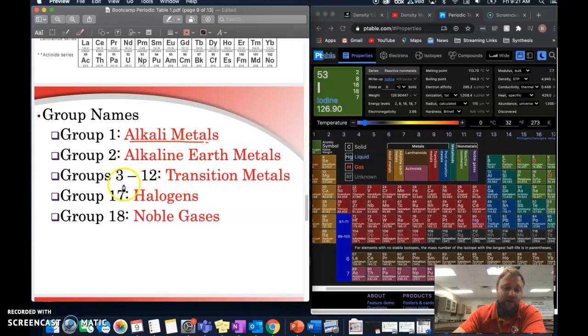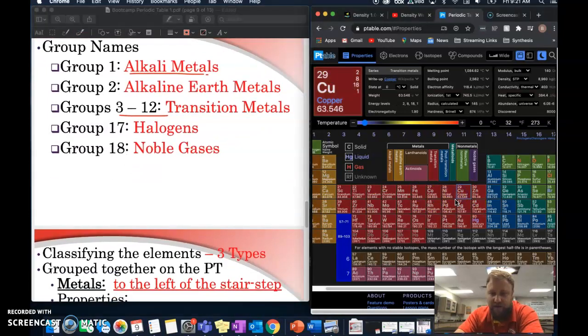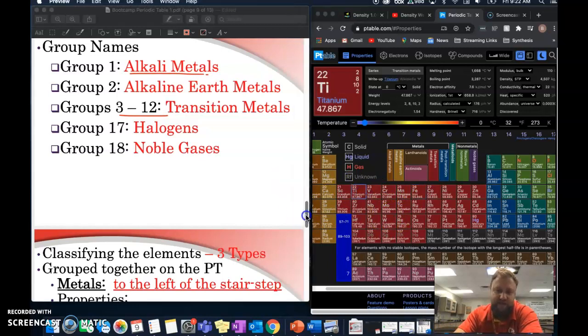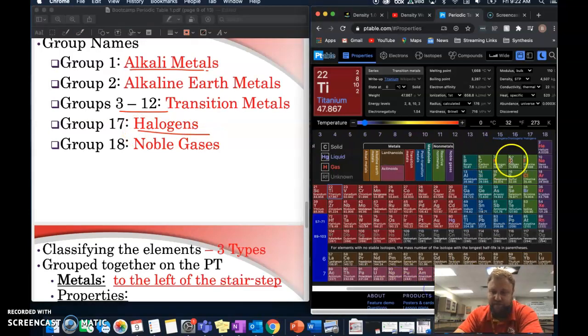Groups 3 through 12, that's what we call our transition metals. These are generally what we think of as metals, like your copper, silver, gold, iron, titanium, that stuff. Then we have our halogens, which is group 17.